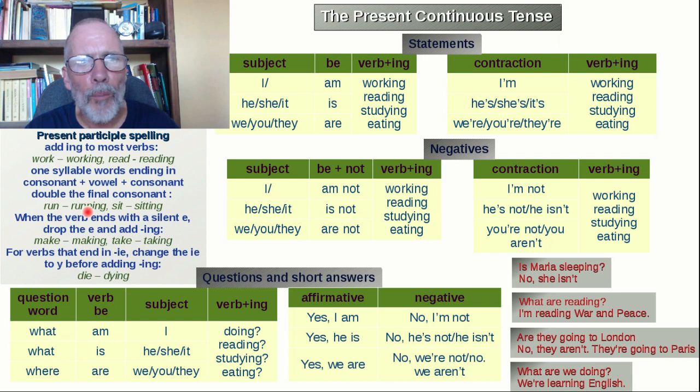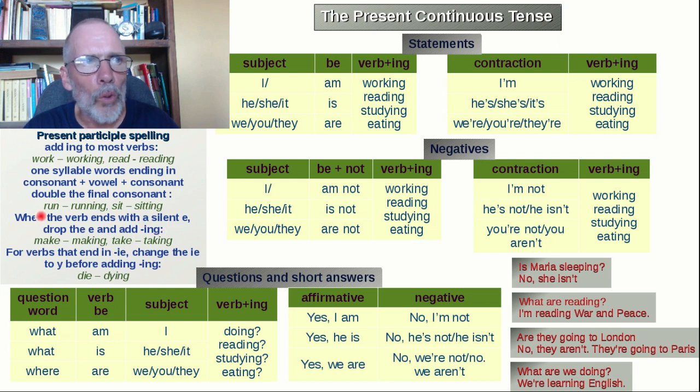So when we form the present participle of this verb, we need to double the final consonant, which in this case is N, and the spelling is like this, running, with double N. And we can see the same thing with the other example, sit. Consonant, vowel, consonant, sit, one syllable. We spell sitting with two T's.